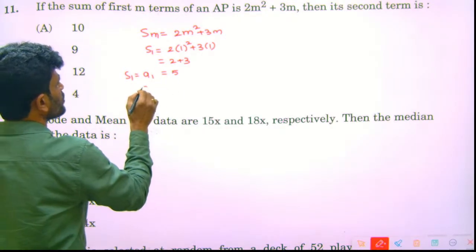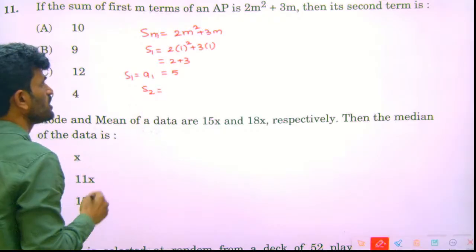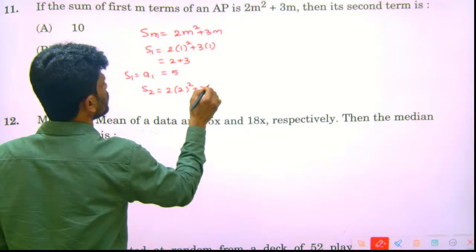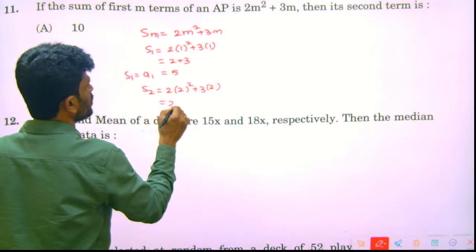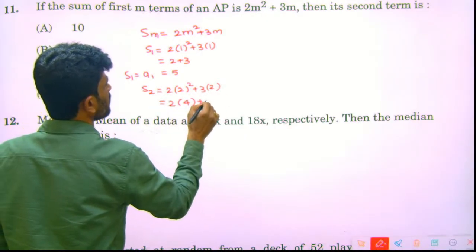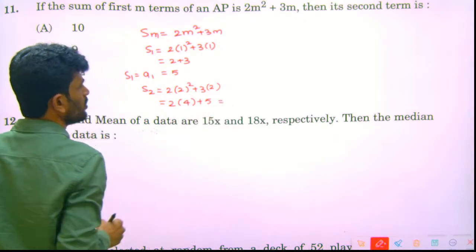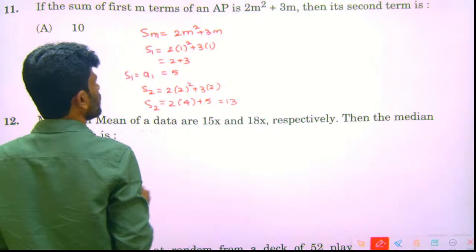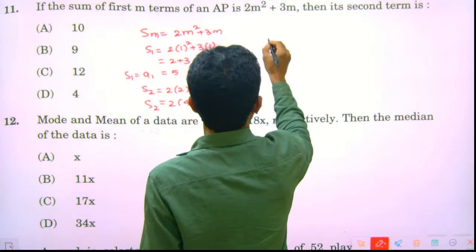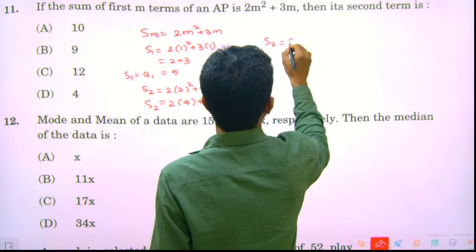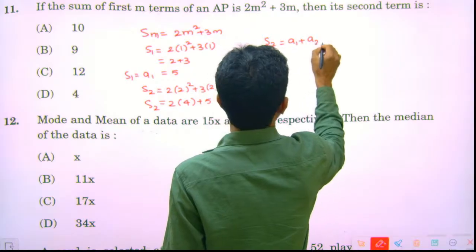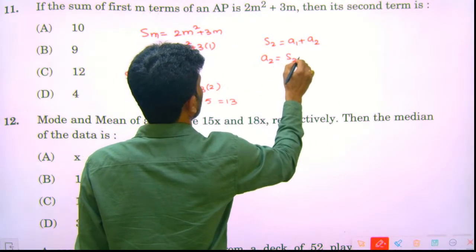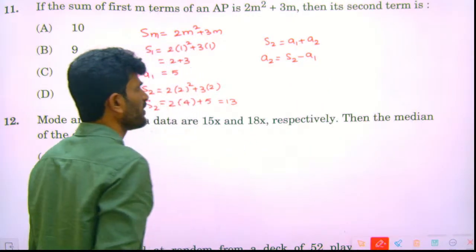Now similarly we can also find S2. S2 is what? 2 into 2 square plus 3 into 2, which is 2 into 4 plus 5, that is 2 4 is 8 plus 5, 13. This is S2. Then you know S2 is nothing but A1 plus A2. Then A2 is equal to S2 minus S1, or A1.